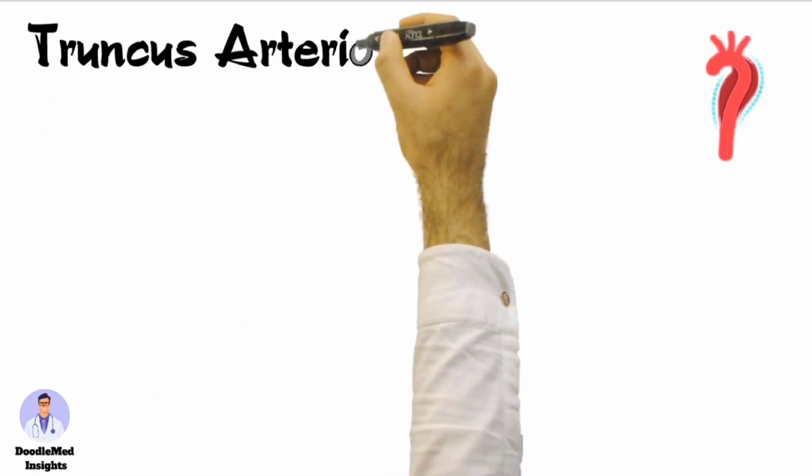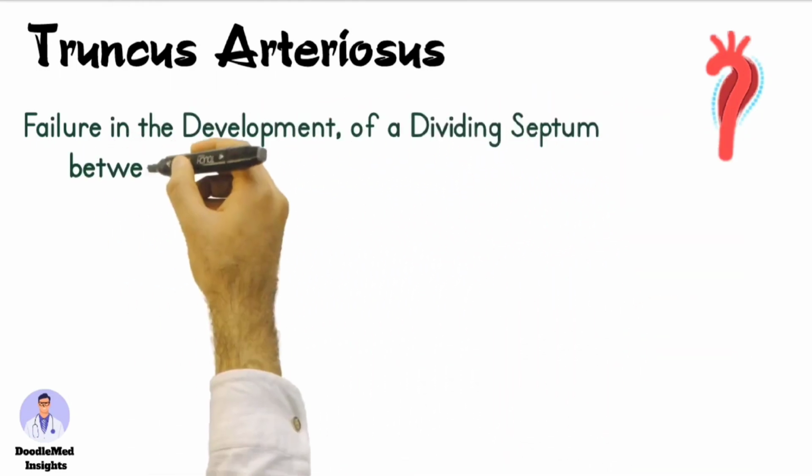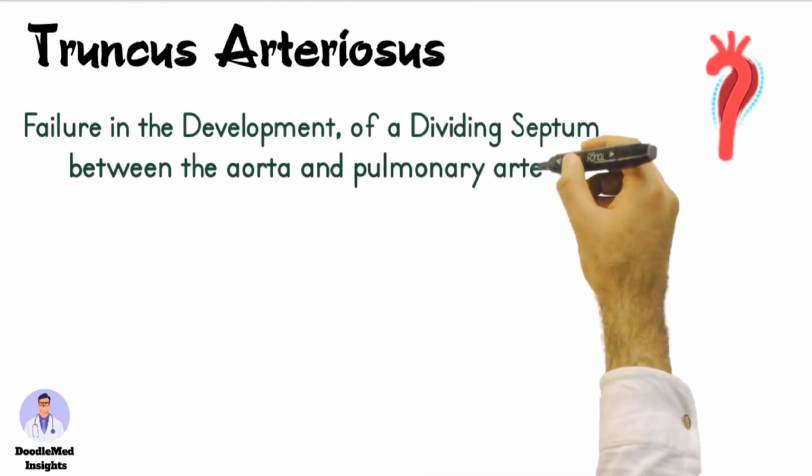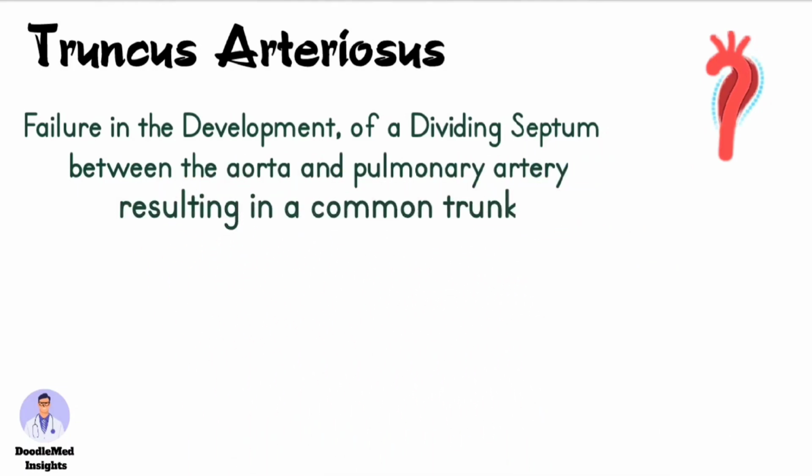Truncus Arteriosus involves a failure in the development of a dividing septum between the aorta and pulmonary artery, resulting in a common trunk for both of these major blood vessels. This means that instead of the normal separation between the two, blood flows directly from the pulmonary trunk to the aorta.